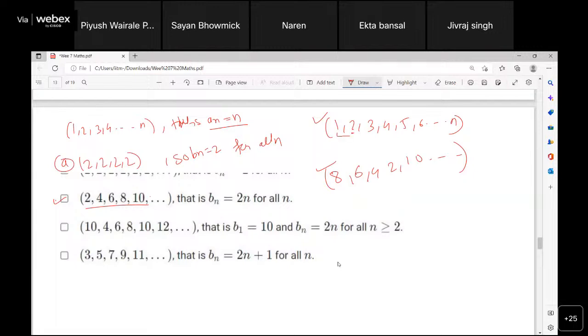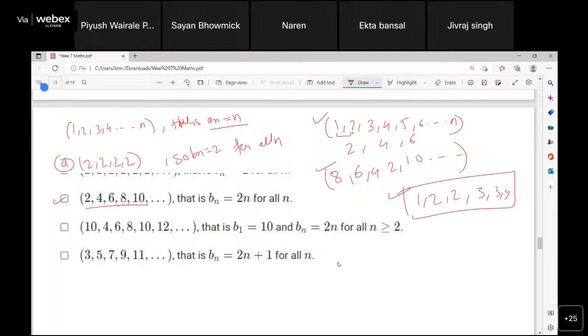We are taking terms from the sequence itself, in which we have to follow the same order, right? I cannot write 8, 6, 4, 2. It should be 2, 4, 6. I cannot go in the reverse way. So I cannot take 2, 2, 2, and I cannot do 2, 1, 2, 2, 3, 3 like this either. This is also not a subsequence.